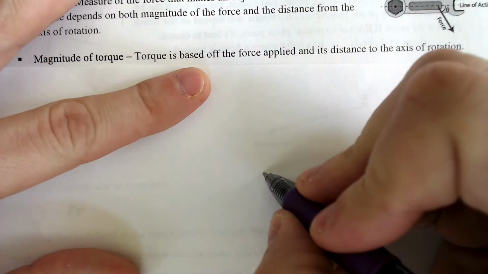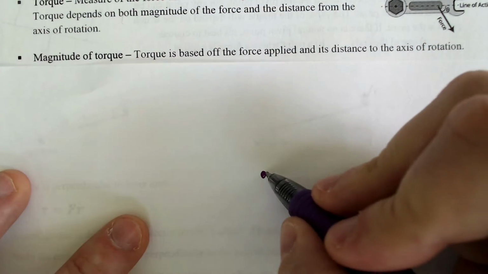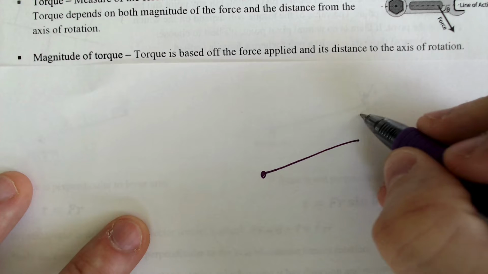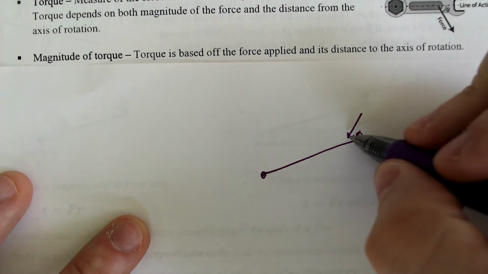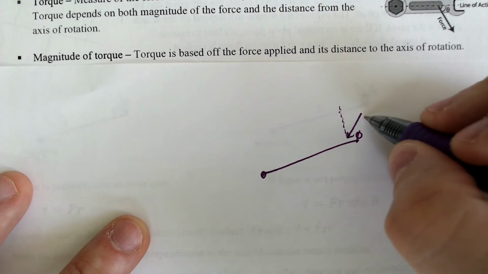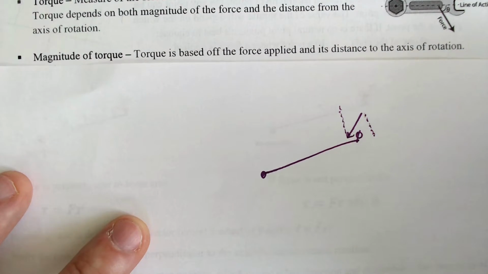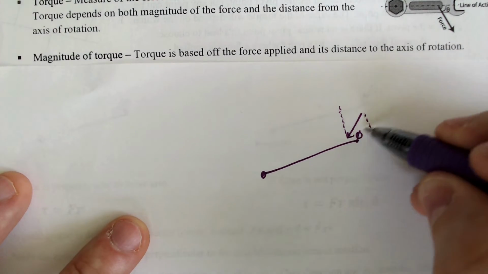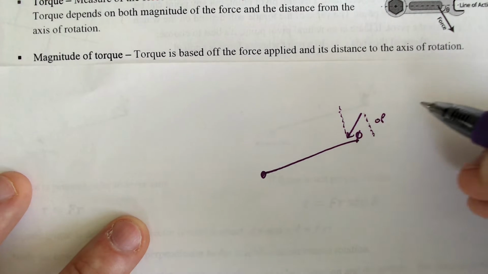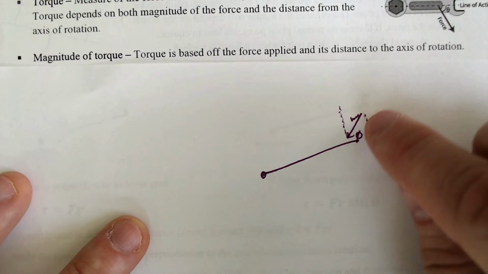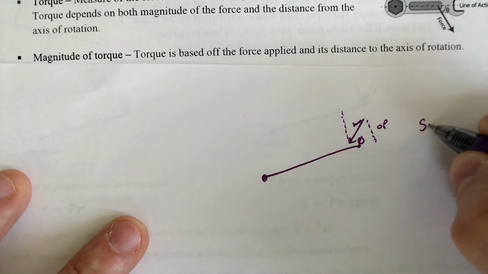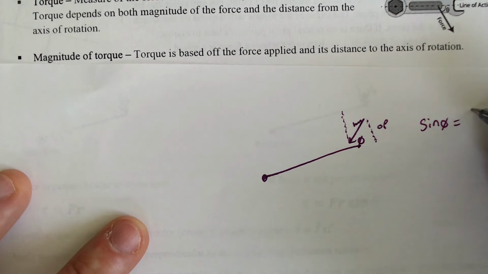So if you have a pivot point right here, and we apply a force downward like that at this angle, how much of that is perpendicular? Well, if we go across from this, we would have our opposite side, and here would be our hypotenuse, which is the actual force or magnitude. And remember that sine of the angle is equal to opposite over hypotenuse.